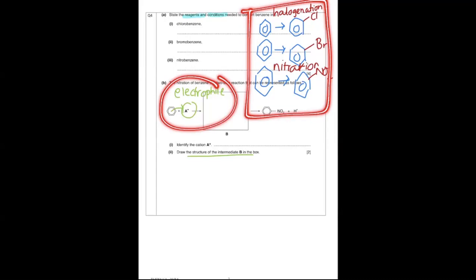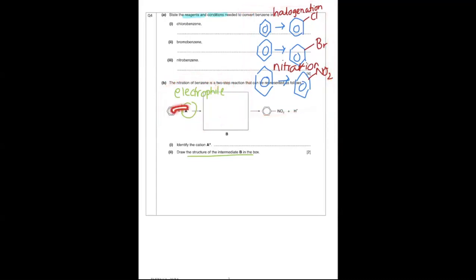Okay, the intermediate B that you have to draw is what happens when the delocalized system attacks the A plus, right? So I'll let you copy this first for 1 minute because we have 3 minutes left. So 1 minute, copy this down. But you know, again, it should not be difficult because everything is in your notes.